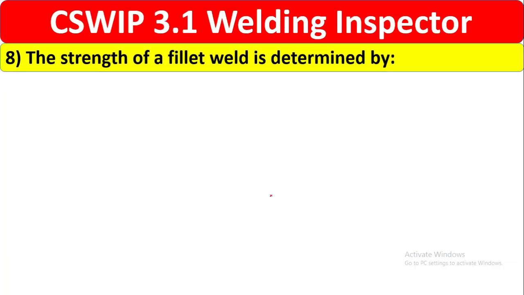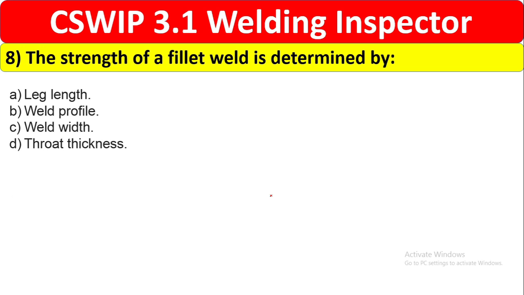Question number 8. The strength of a fillet weld is determined by. This is a very important question. The strength of the fillet weld is determined by leg length or throat thickness. Which one?